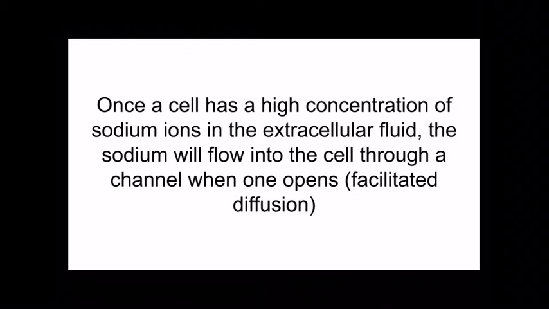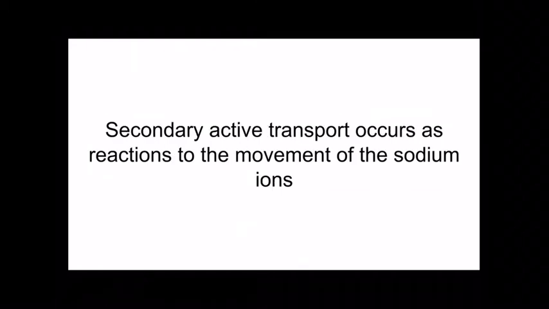But also, when that sodium is rushing into the cell, the cells will do something called secondary active transport, and there are two types of secondary active transport. The secondary active transport occurs as reactions to the movement of the sodium ions.